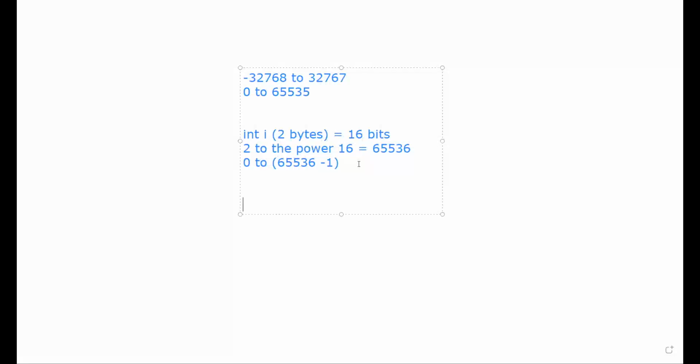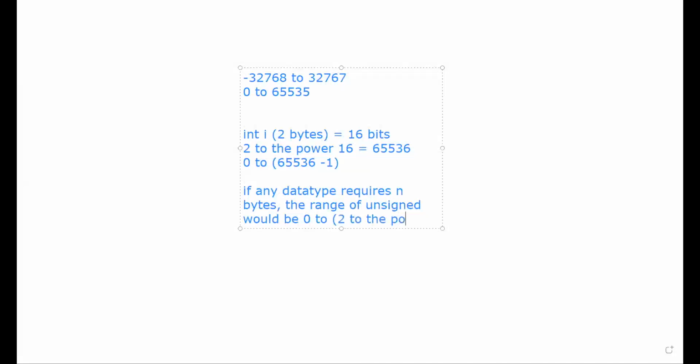So if any data type requires n bytes, the range of unsigned would be 0 to 2 to the power of n, minus 1.